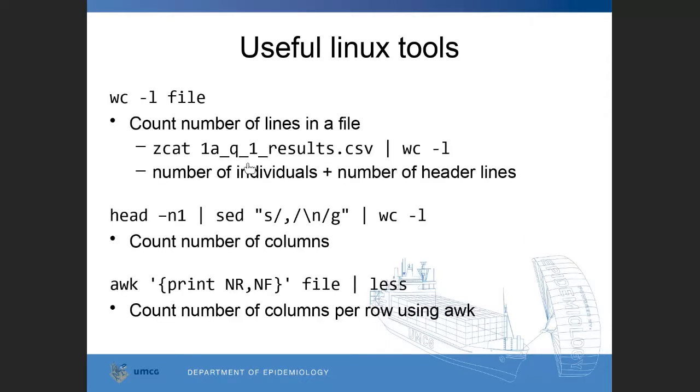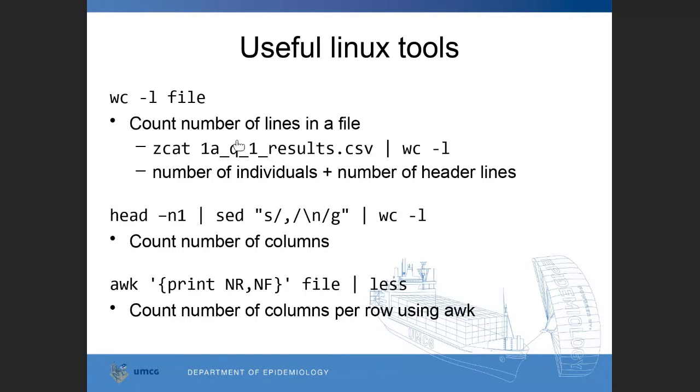To count the number of lines within a file, you can use wc -l of a file, so word count, and then -l means only the number of lines.